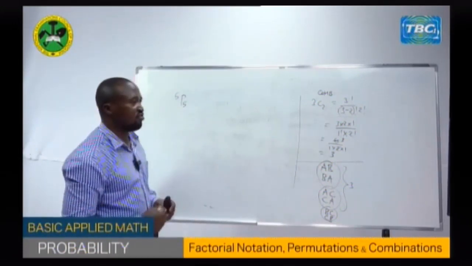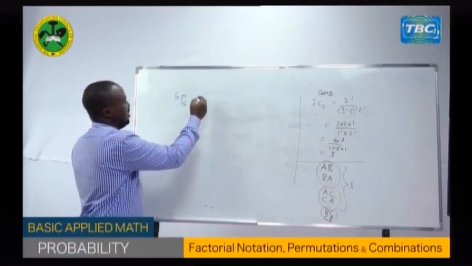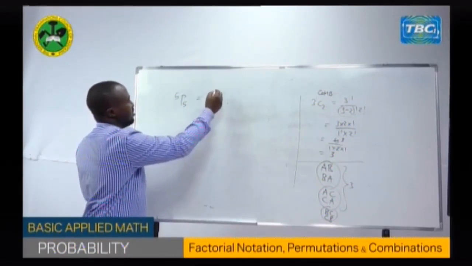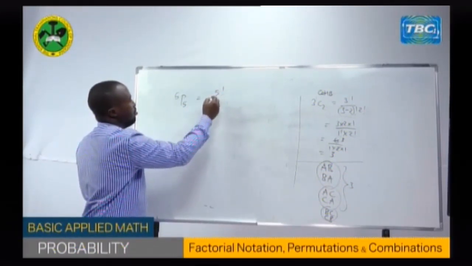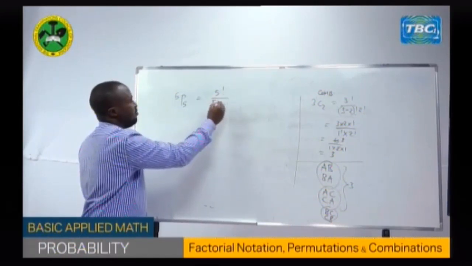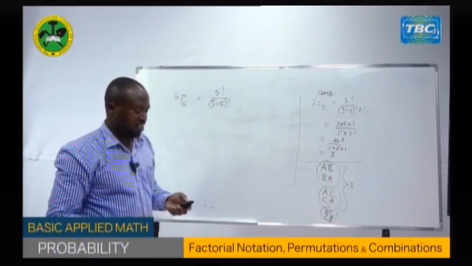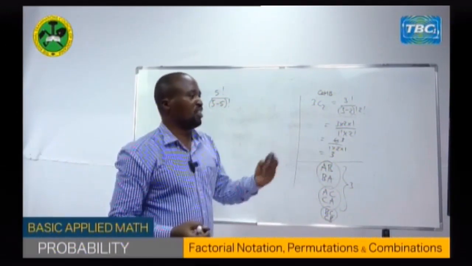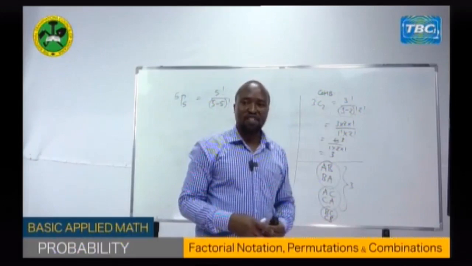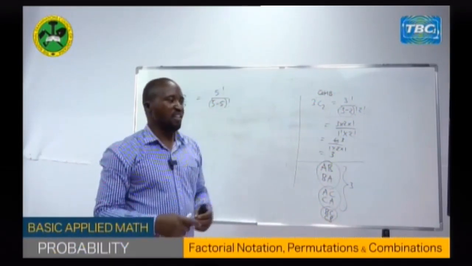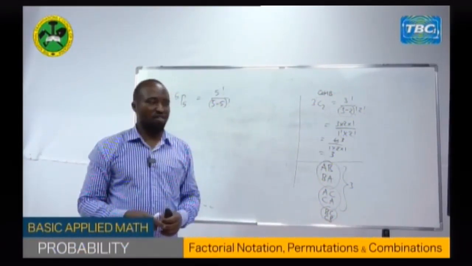Now, by using our general formula for permutation, this is the same as 5 factorial over 5 minus 5 factorial. Remember, the general formula for permutation is equal to n factorial divided by n minus r factorial. That is our general formula.